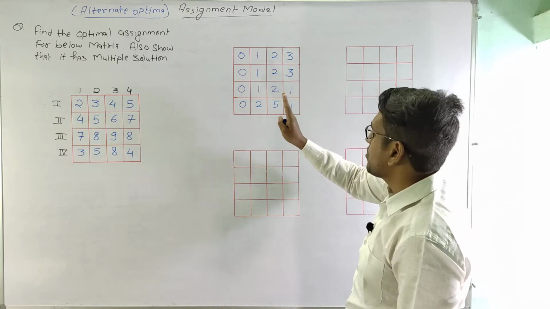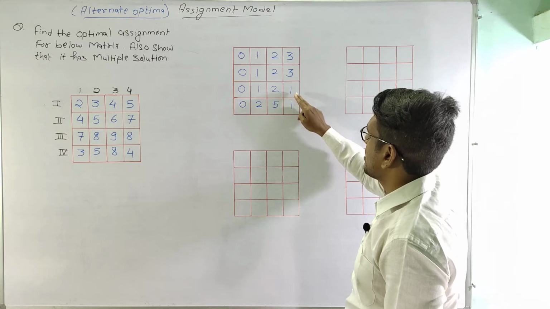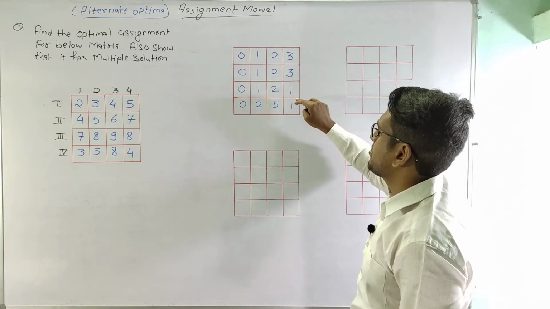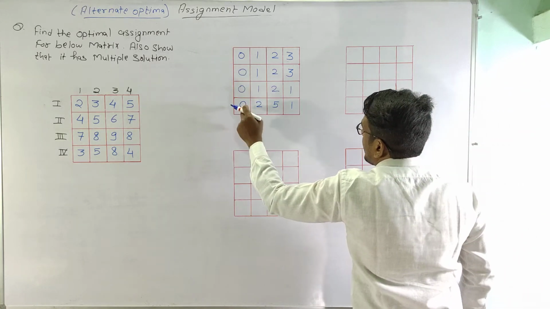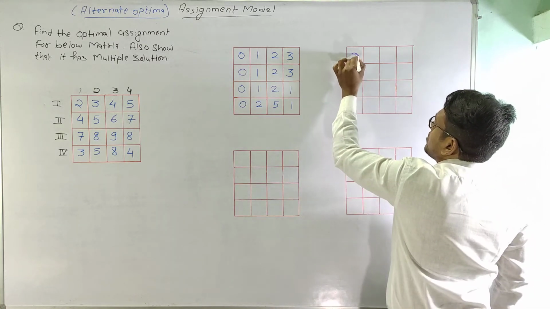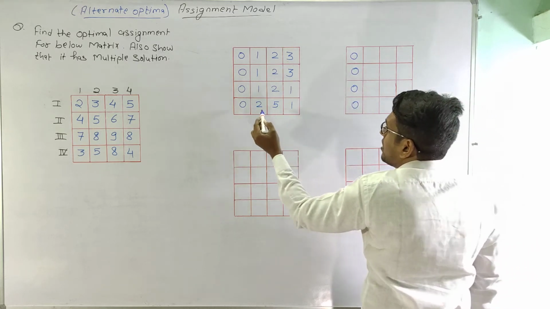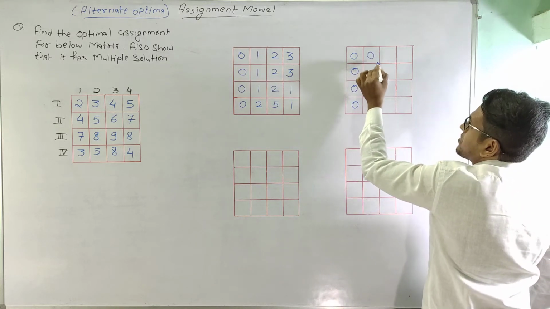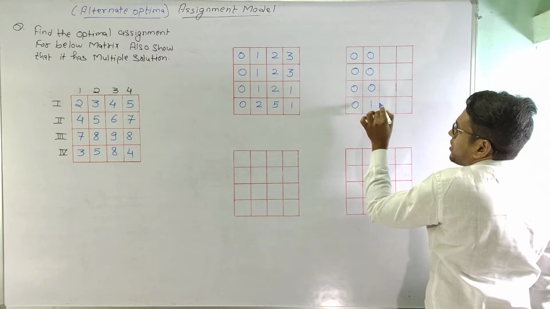Now we need to do column reduction. For that we will select the minimum value in a column and subtract each element of that column by that minimum value. For column 1 we can see that all the values are 0, so it will remain as it is. For column 2 the minimum value here is 1, so 1 minus 1 is 0, 1 minus 1 is 0, 1 minus 1 is 0, 2 minus 1 is 1.